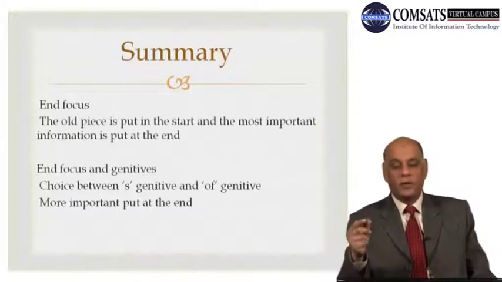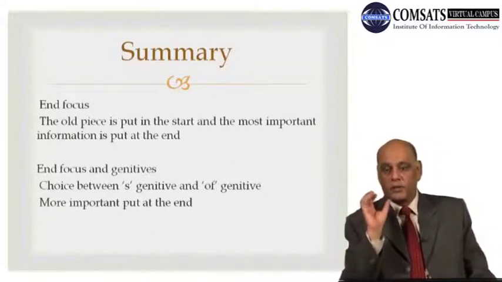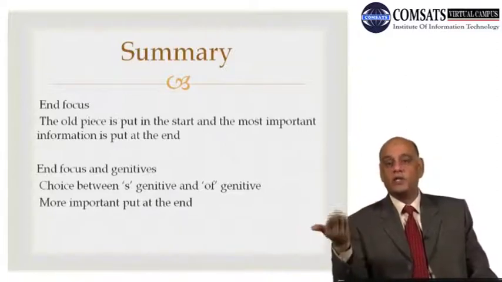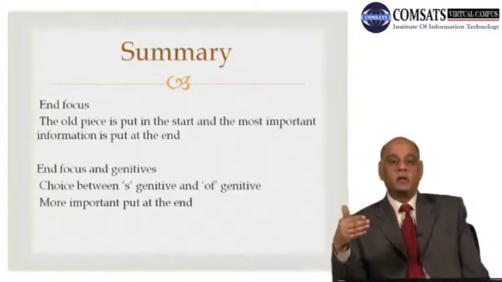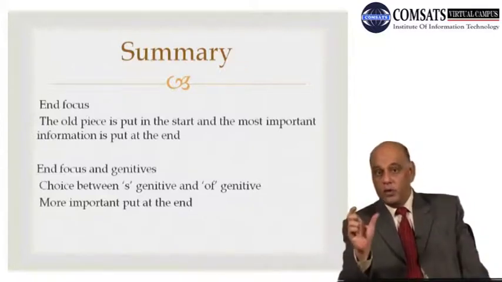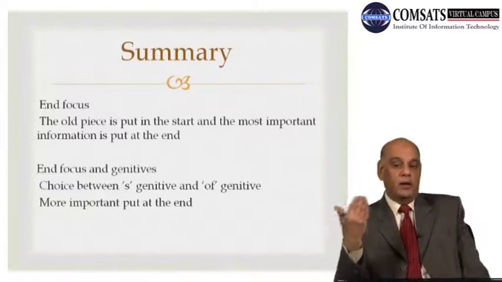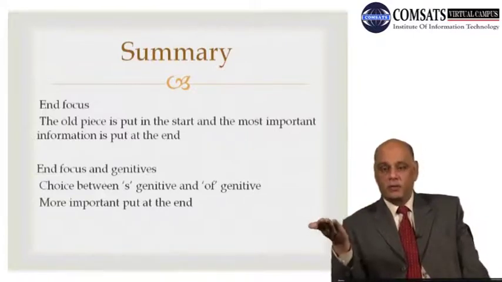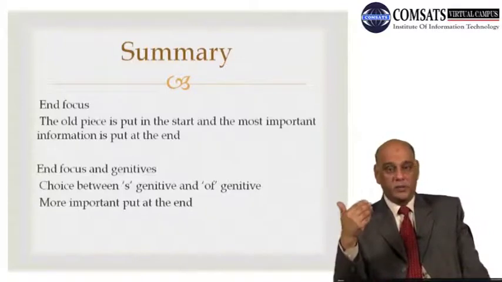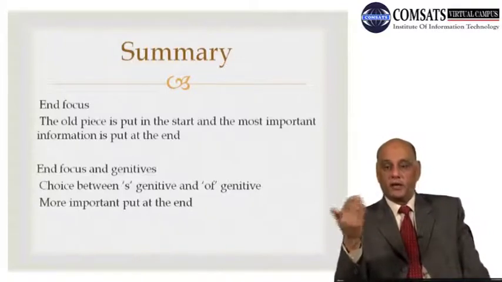Like when the possessor is important, you say Ahmad's books. So possessor, Ahmad, books are put at the end. And books are more important, so you put at the end. Legs of the table, legs of the table. So here possessor is more important, you put it at the end.